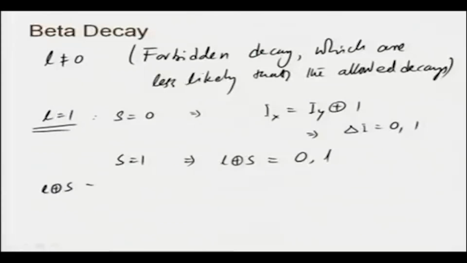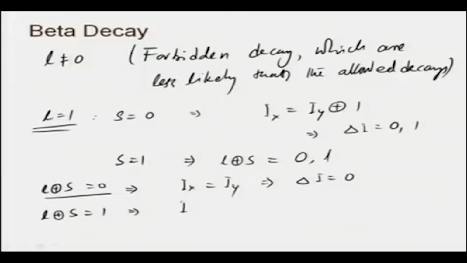L plus S equal to 0 will give you I x equal to I y, correct, or delta I equal to 0. Now, L plus S equal to 1, that will give you I x equal to I y plus 1.